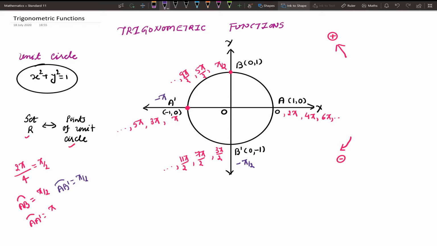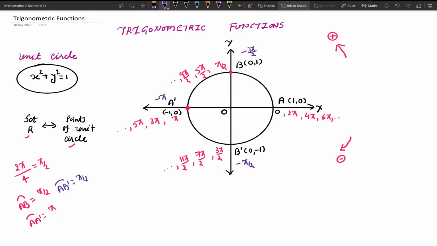Similarly, from the clockwise direction, if you reach B, the real number will be minus 3 pi by 2, and the corresponding point of the unit circle will be B (0, 1). And if we reach A again, the clockwise travel distance will be 2 pi.